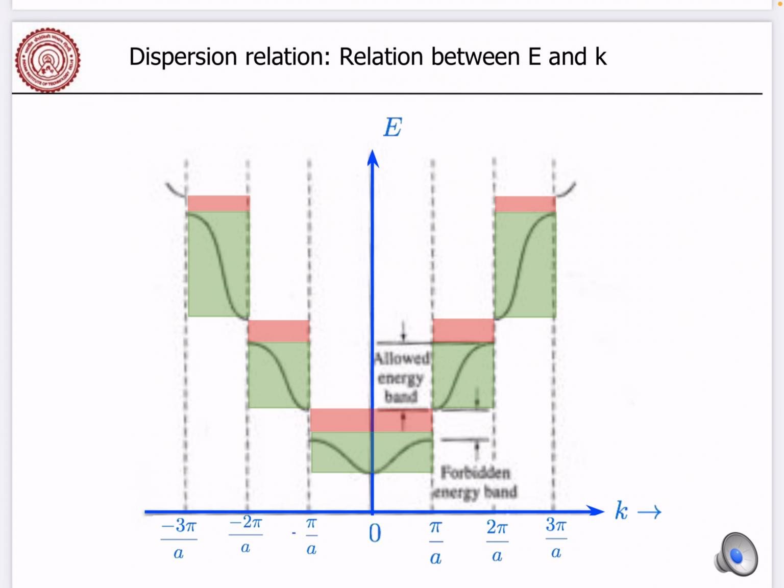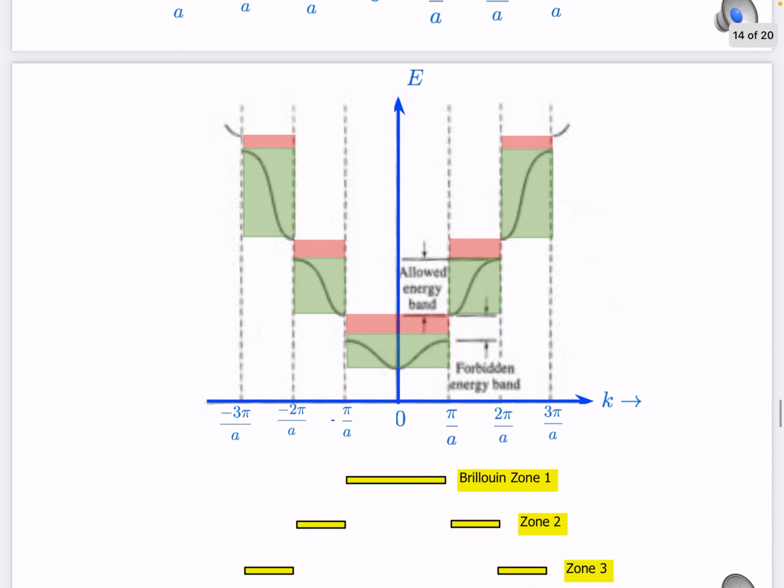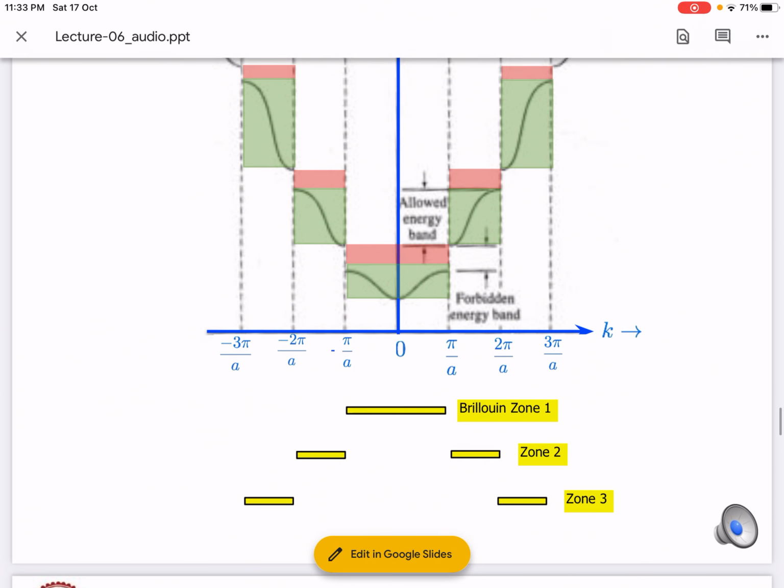So, the second Brillouin zone is split into two parts: pi by a to 2 pi by a and minus pi by a to minus 2 pi by a. Similarly, the other one is called the third Brillouin zone. So, let me define it here: first Brillouin zone 1, zone 2, zone 3, etc. Now, why do I classify them as these Brillouin zones?